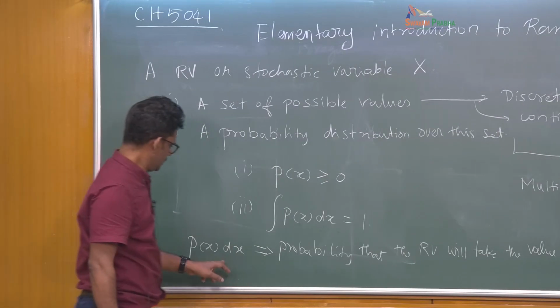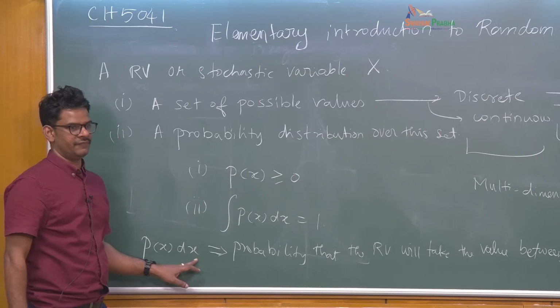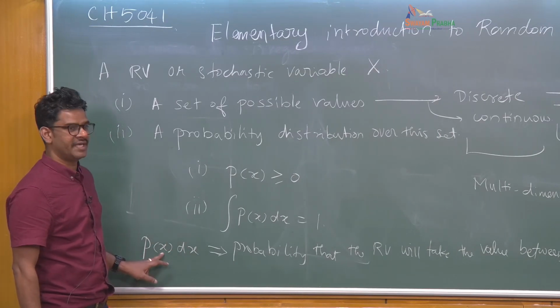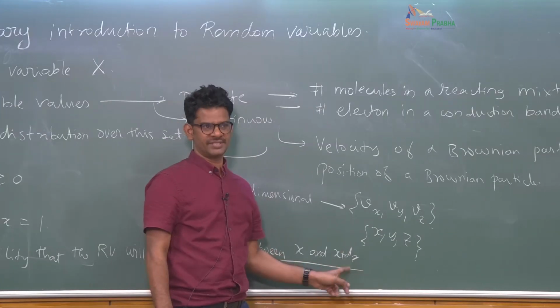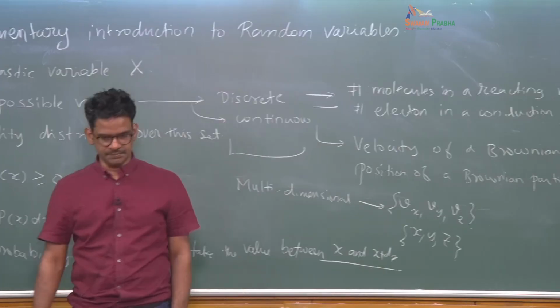So p of x dx tells you the probability that the random variable will take a numerical value in the interval x to x plus dx. Again, I am assuming it's a continuous random variable.